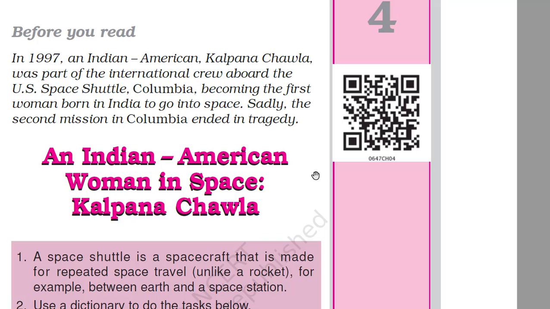So India's first woman who went into space is Kalpana Chawla. Sadly, the second mission in Columbia ended in tragedy. In the second mission, when Kalpana Chawla went, one tragedy happened. What it is, we will discuss. So let's begin with An Indian American Woman in Space: Kalpana Chawla.